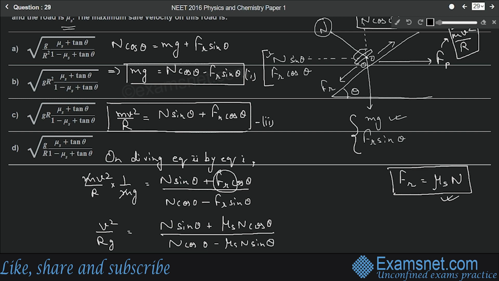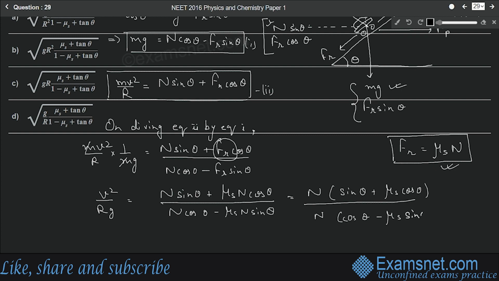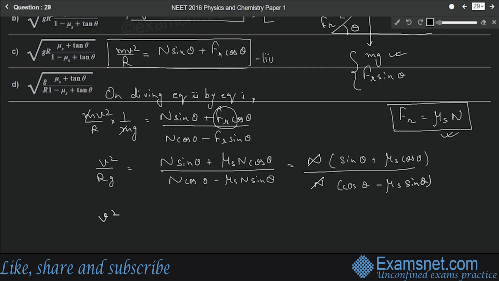Now n can be taken common, so n times sin theta plus mu s cos theta, and here n times cos theta minus mu s sin theta. Because n has been taken common, n can be cancelled now. Now let's write it simply. v square by rg equals sin theta plus mu s cos theta divided by cos theta minus mu s sin theta.